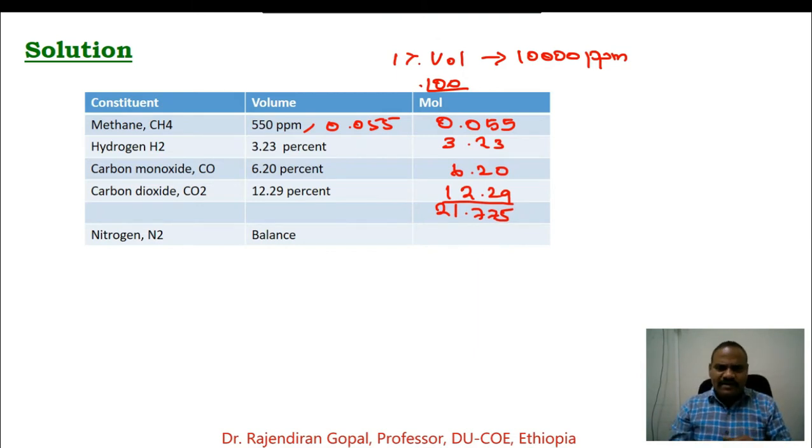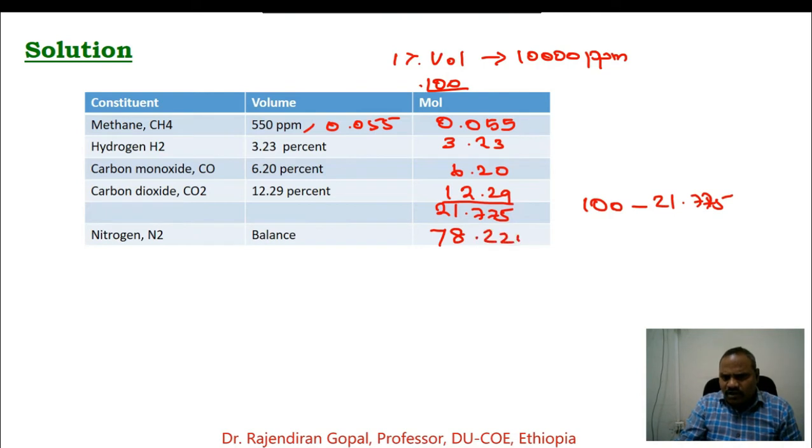The remaining balance is the nitrogen. So 100 minus 21.775, we get 78.225 mole of nitrogen.